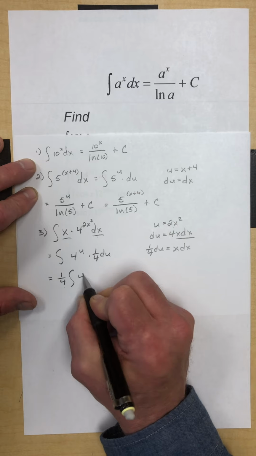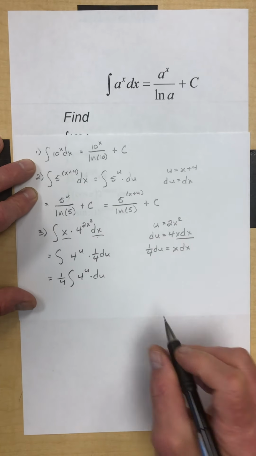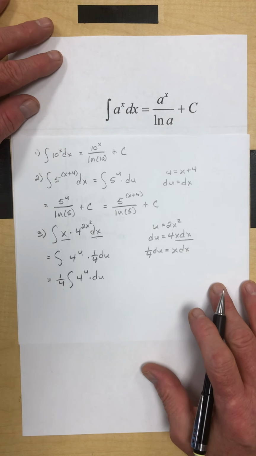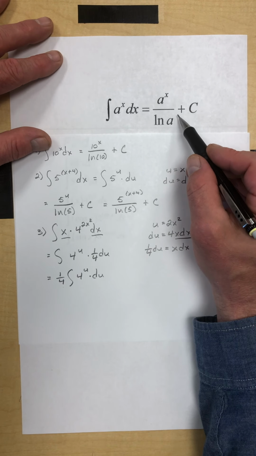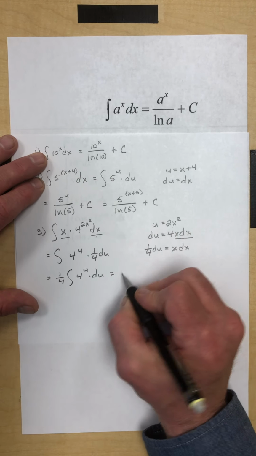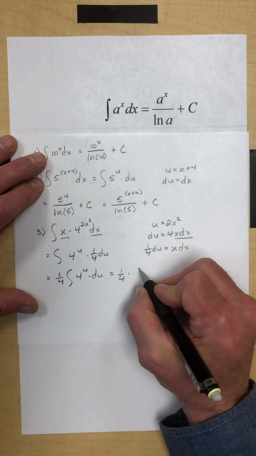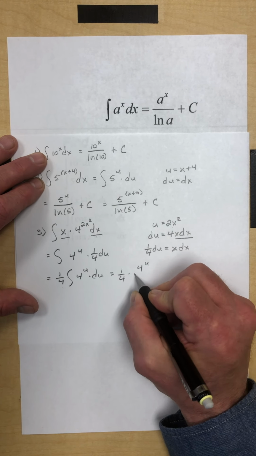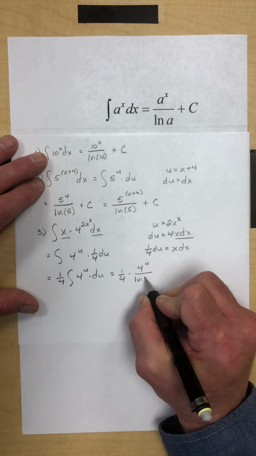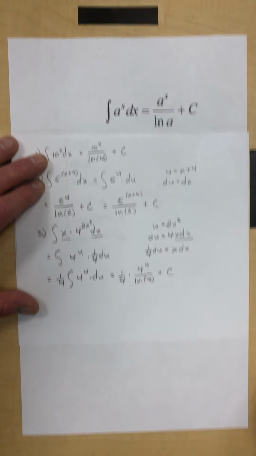Then we have the integral of 4 to the uth power du. Here we just go back to our formula, should be no big deal. Don't forget the constant multiplier out front: 1/4 times 4 to the uth over the natural log of the base 4 plus c.